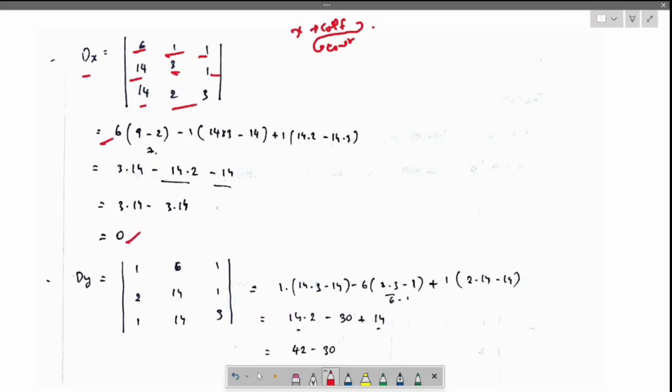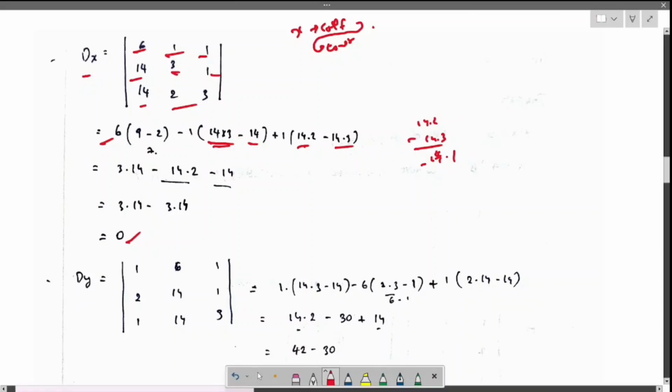If you find it, you will get the value 0. Here use smart work. You don't always need to calculate 14 into 3, 14 into 2, 14 into 3. Simply, 14 into 2 minus 14 into 3 is nothing but minus 14, and then 14 into 1. This is how simple things work in terms of calculation.